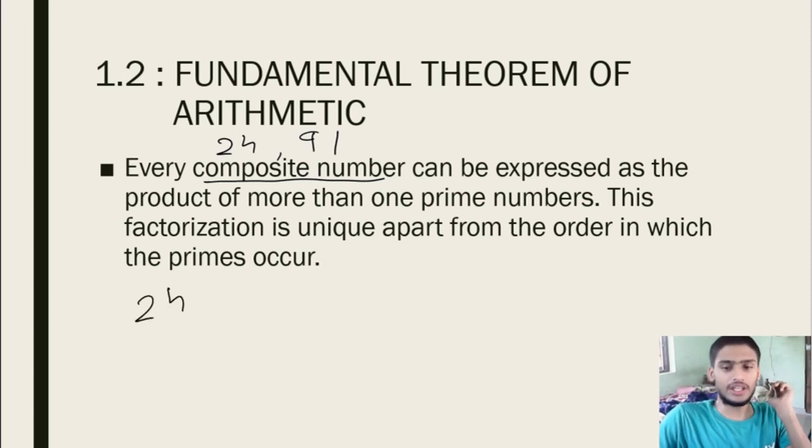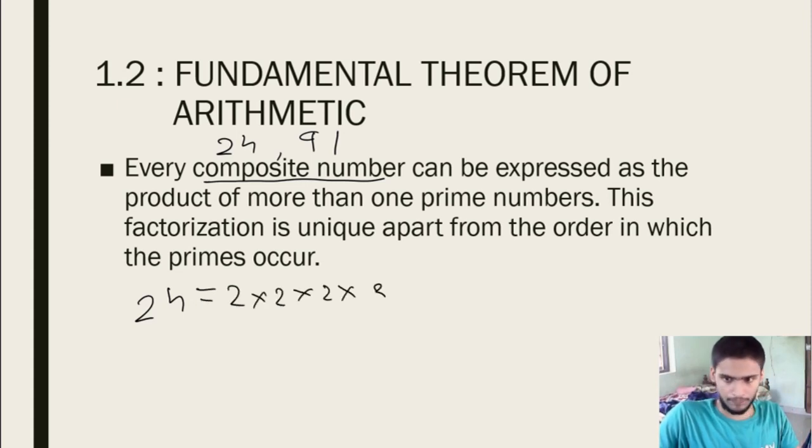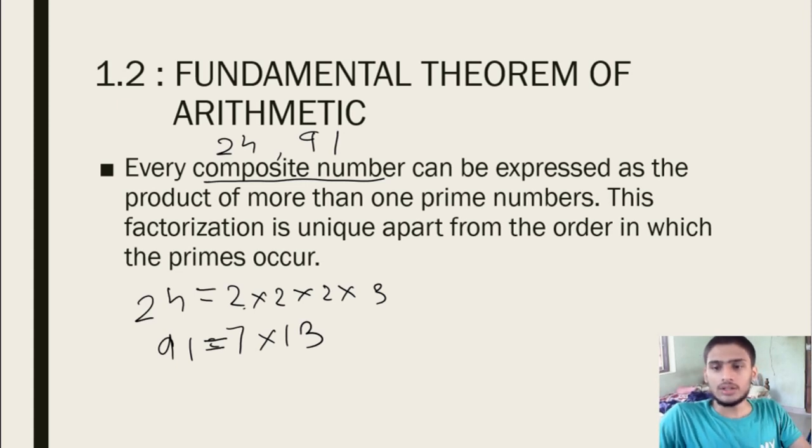Say we express 24 as 2 into 2 into 2 into 3, more than one prime number. We express 91 as 7 into 13, there are two prime numbers here. 13 is a prime, as you know. So it can be expressed as the product of prime numbers, and this factorization is unique.